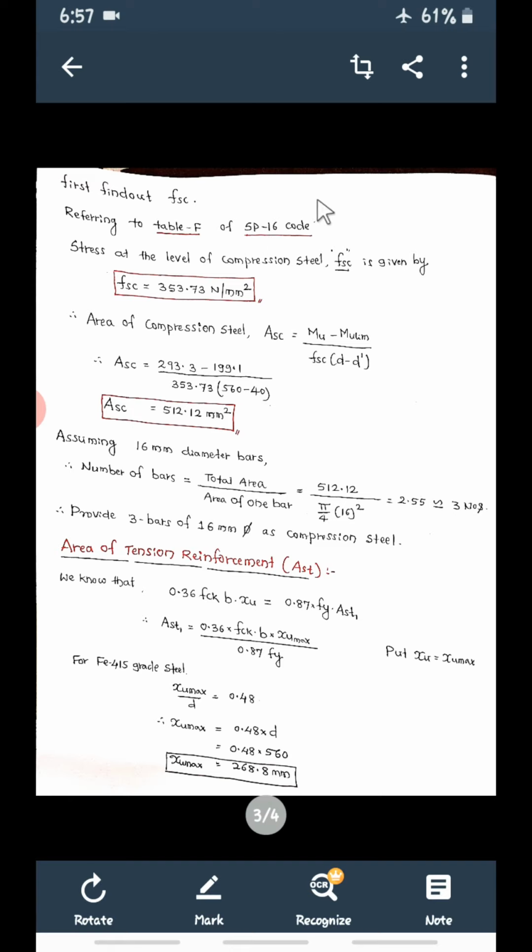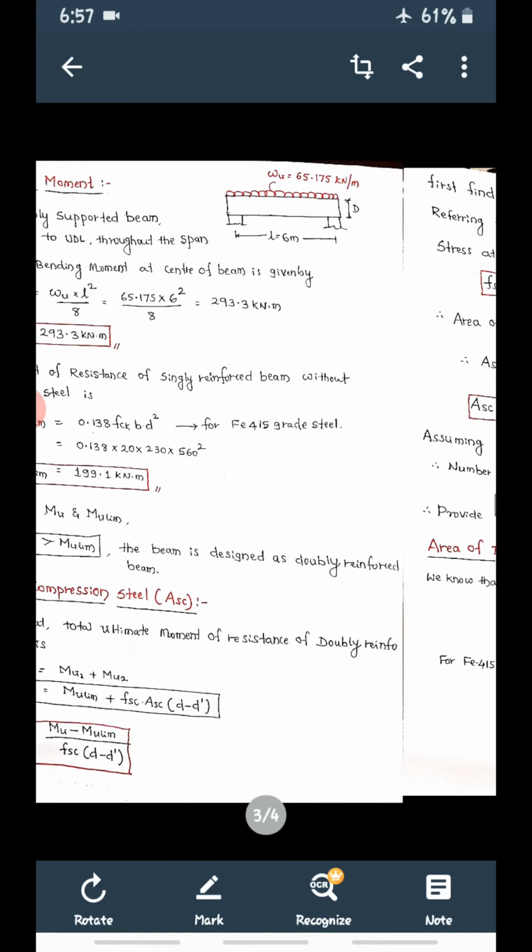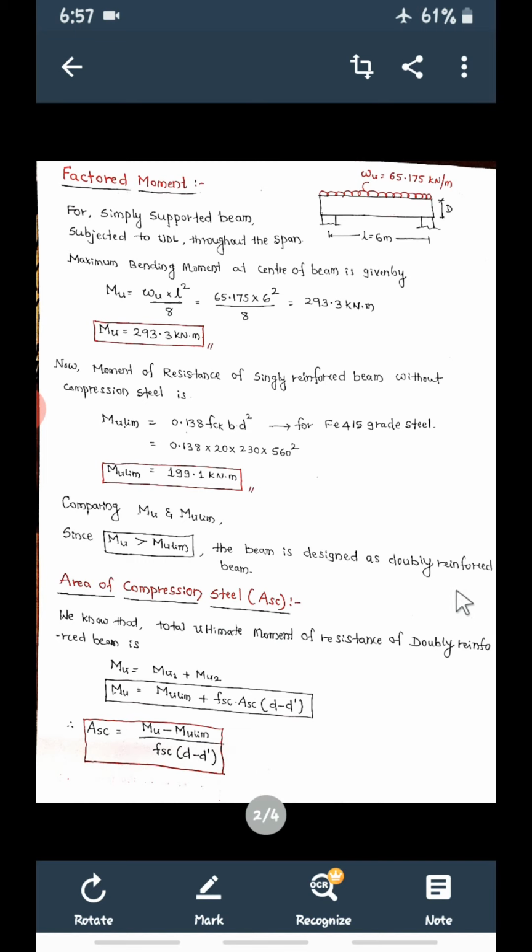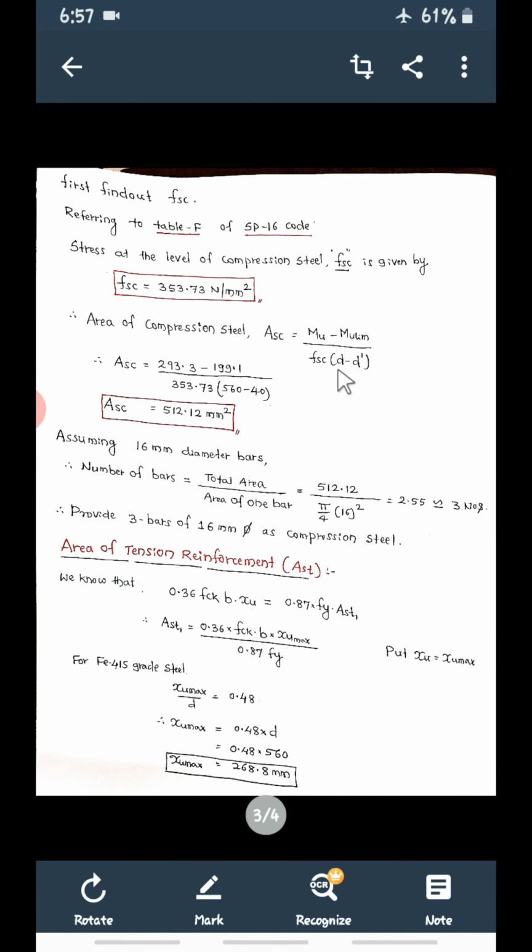From the d dash by d ratio, as in the first type of problems where we calculated this using the table, in the same way we will find this out. After referring to Table F, FSC will be 353.73 Newton per mm square. This is the stress at the level of compression steel. So find out FSC from Table F of the SP16 code book. After calculating FSC, substitute in the formula ASC is equal to MU minus MU limit divided by FSC into D minus D dash.